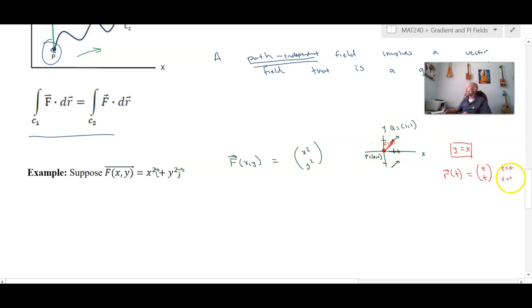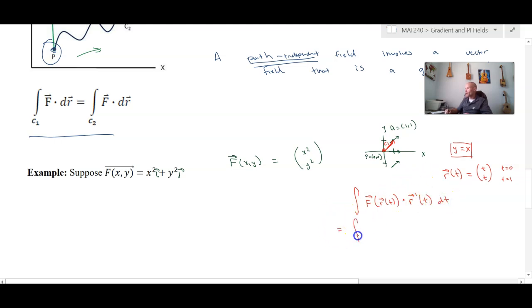At time 1 we'll be at the point 1, 1. So if we were to compute the line integral, this would be our f evaluated at r of t, dotted with r prime of t, integrated with respect to t.